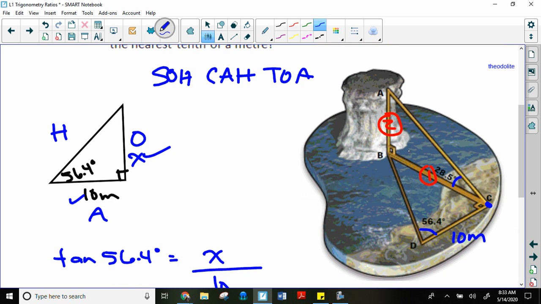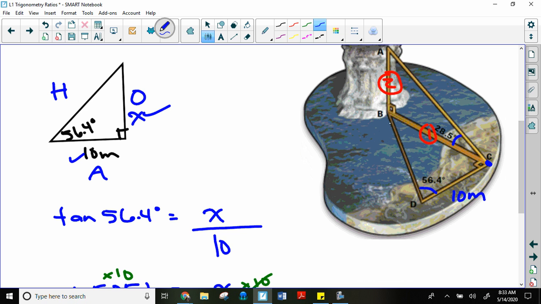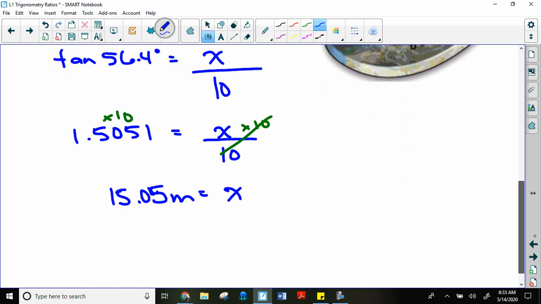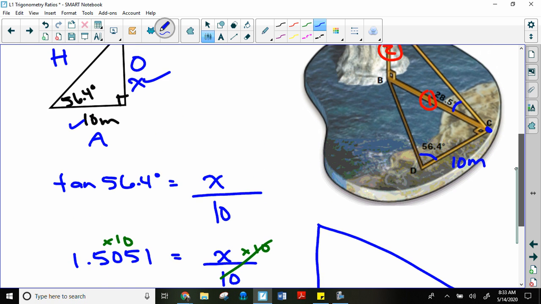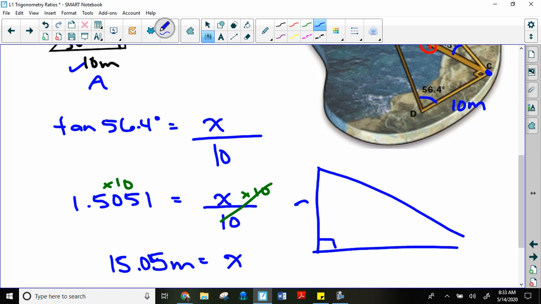Now we're on to this up triangle that's standing up and down. Because they share this side, 15.05 also applies to the up and down triangle. Let's draw that one out. That's the height that we're trying to find.